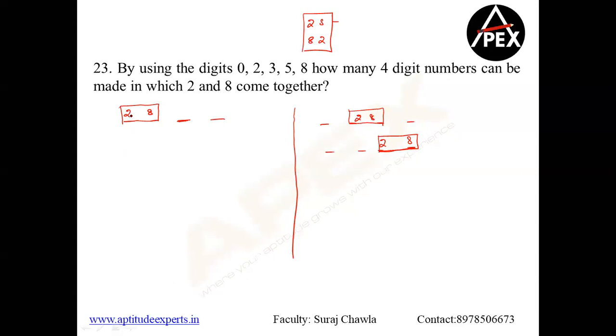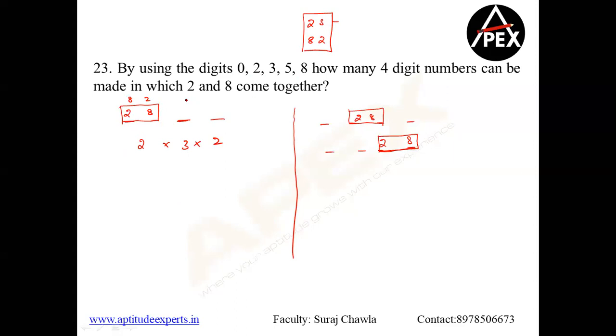Clear? So instead of one case here, let me write two cases, because I can have 2, 8 and 8, 2 also. Okay. Now, since the first place is blocked, there's no tension here, right? So two digits are blocked, and my first place is also blocked. So by default, I will write this as 3 into 2.